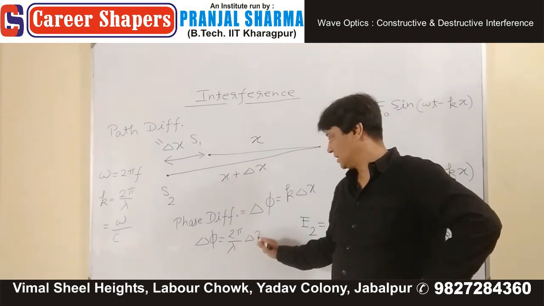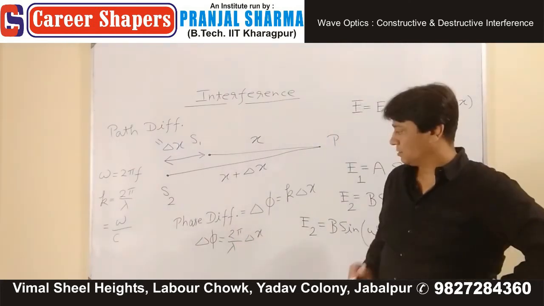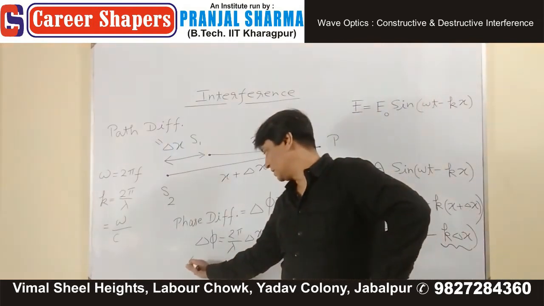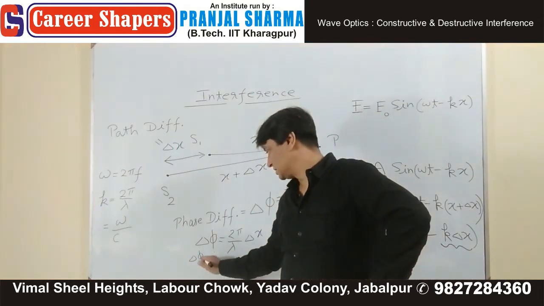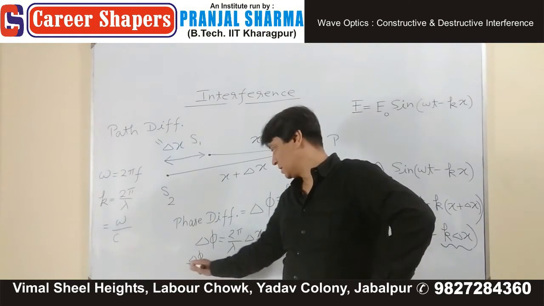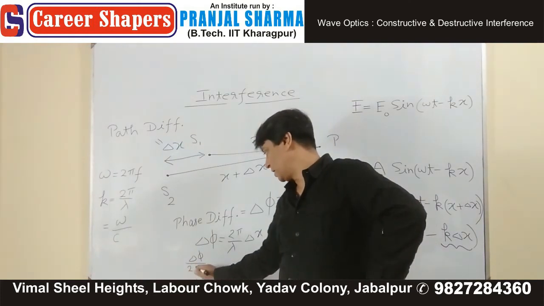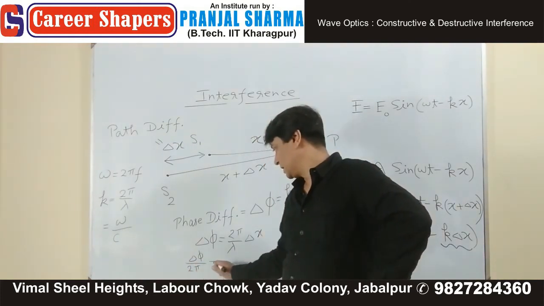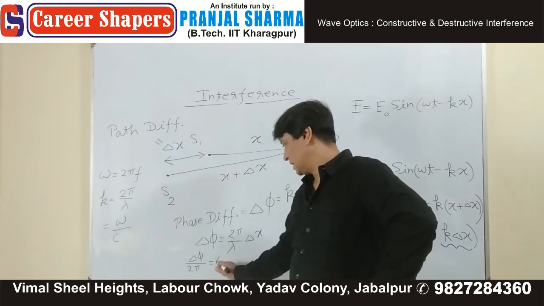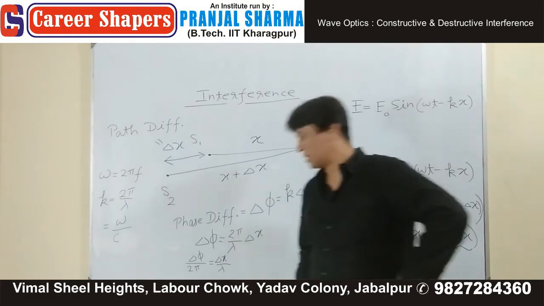into delta x, or a better way of remembering this is delta phi divided by 2 pi is delta x divided by lambda.